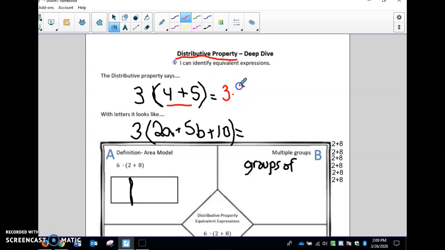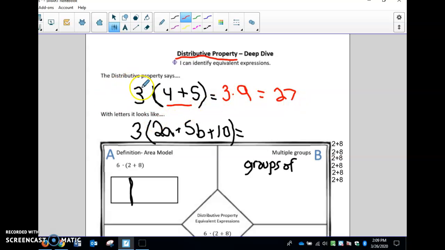And then if you are really good at multiplication, or if you were to quickly grab your calculator, you could see that 3 times 9 is equal to 27. All of those are actually equivalent expressions: 3 times the quantity 4 plus 5, 3 times 9, and 27. All of those expressions are equivalent to each other.